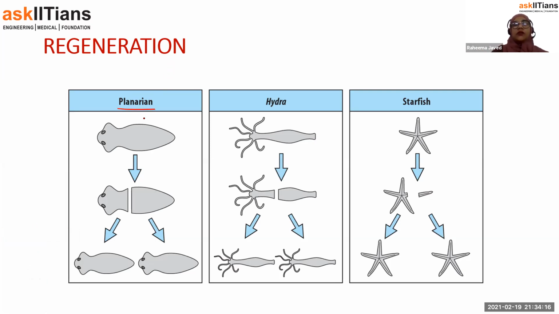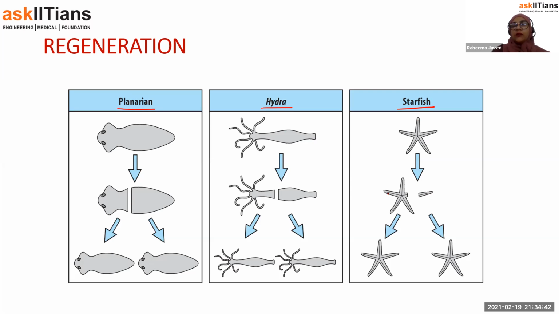Here I have given a couple of examples. First one is of a flatworm planaria. If accidentally the body of the planaria divides into two, each part is capable of developing into an adult. Similar thing can happen with the body of hydra also, and a starfish, but only the arm of the starfish is capable of regenerating, not any other part of the body.